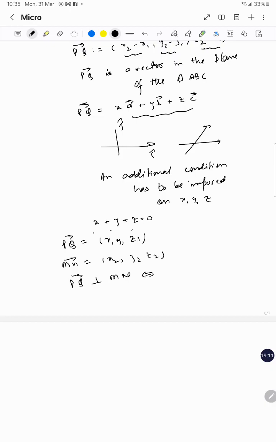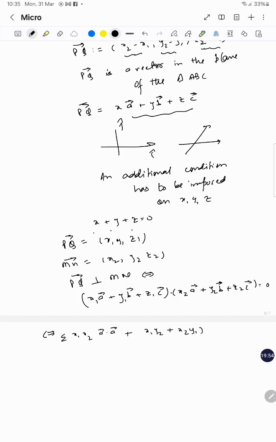So two vectors are perpendicular if the dot product is 0. Which is true if, so we'll just expand this, x1 x2, A vector dot A vector, summation, plus x1 y2 plus x2 y1.